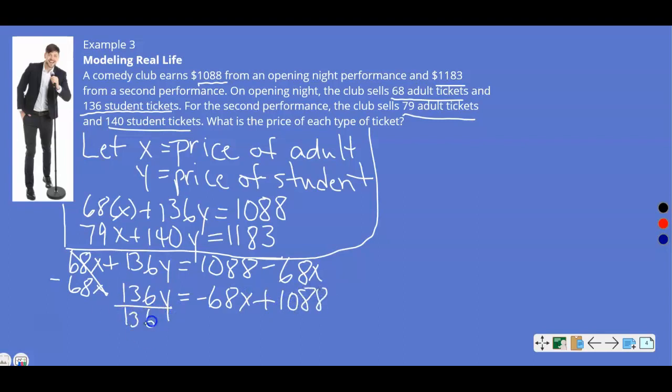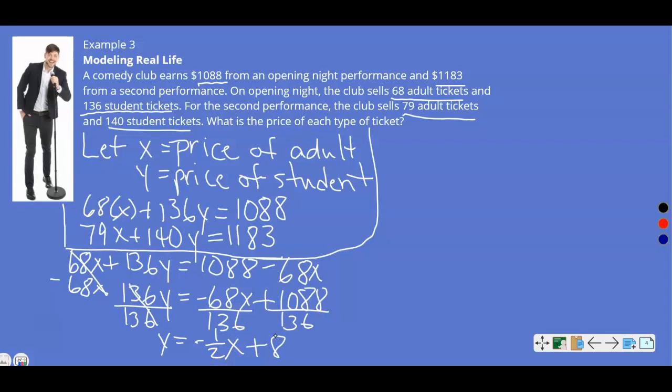Divide by 136. When I divide, I have to divide the entire equation. So y equals negative 68 divided by 136 is negative 1/2, and then 1088 divided by 136 is 8, so plus 8.